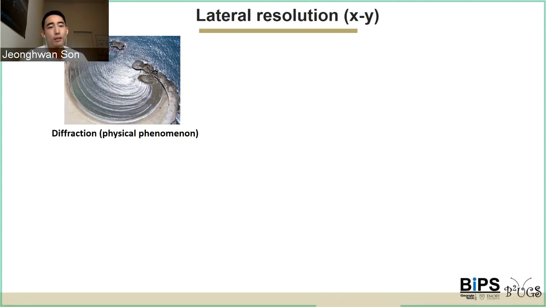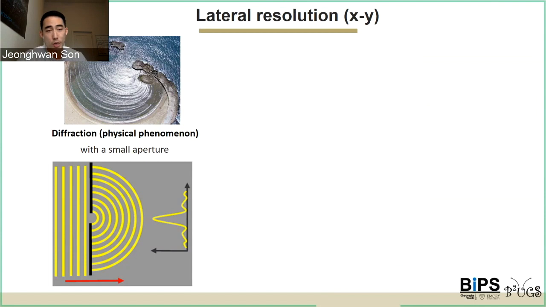Let's start with the lateral resolution, meaning the XY plane. When you throw a ball on a pond, it generates water ripples. It is the physical phenomenon diffraction. With a small aperture, light also generates a diffraction pattern. The energy graph shows a 1D diffraction pattern.